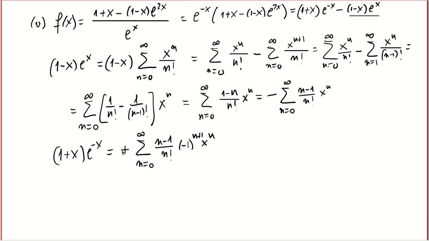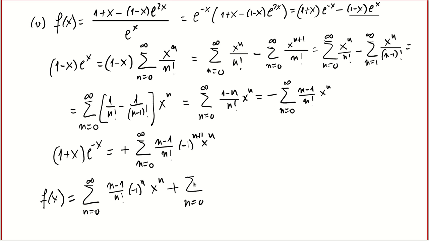Okay, now I have to subtract these two series, right, to get f. So I take this one from 0 to infinity, n minus 1 over n factorial, minus 1 to the n, x to the n, and I subtract this one, and since there is a minus here, then I have to add this series here, from 0 to infinity, n minus 1 over n factorial, x to the n.